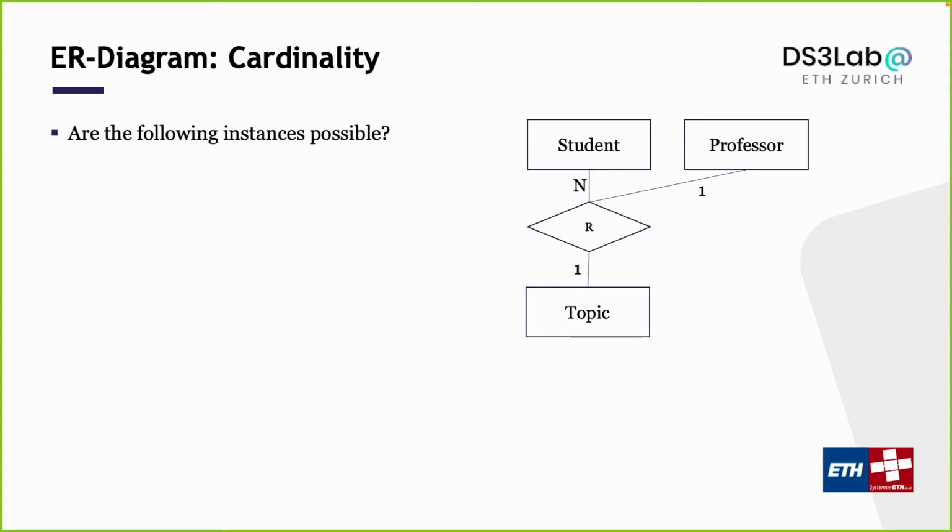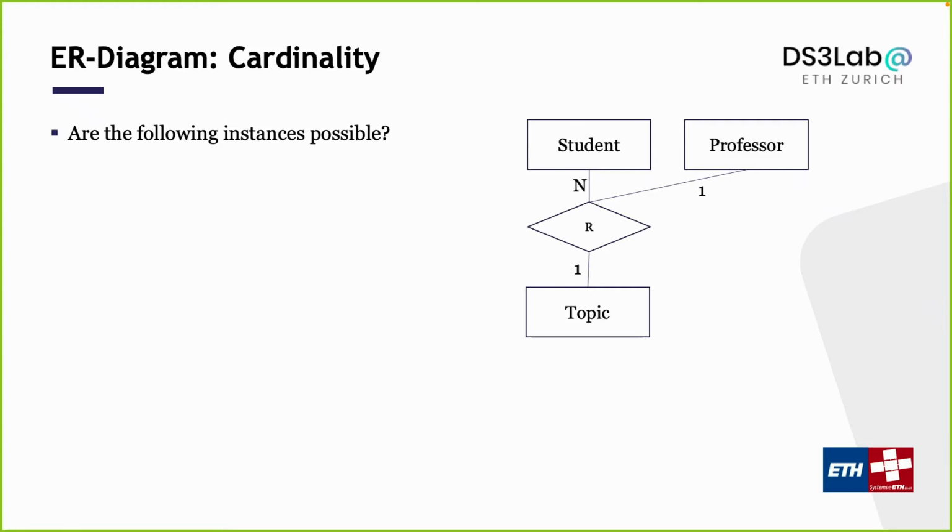Now we have these 3 different entity sets: students, professor, and topic, okay? And there's one relationship R connecting these 3 entity sets. My cardinality is, for students, I have label N, for professor, I have 1, and for topic, I have 1. So what do we mean by this?